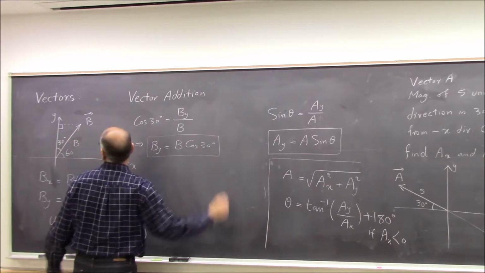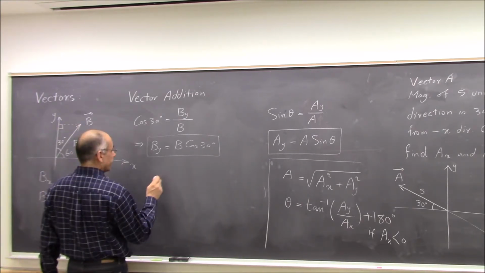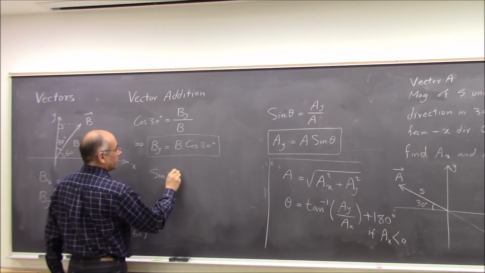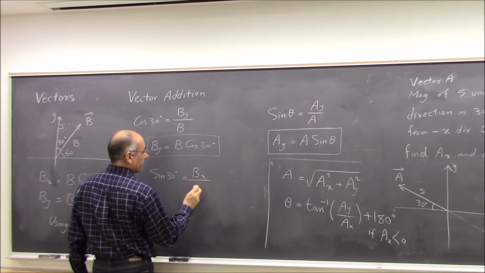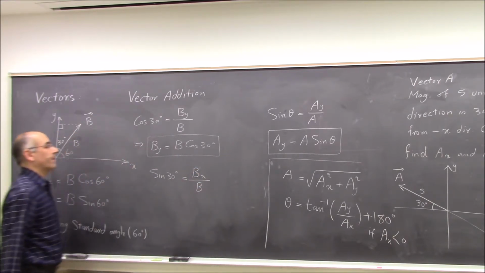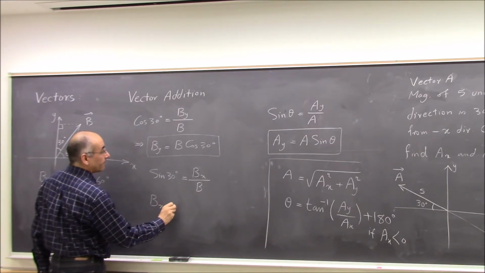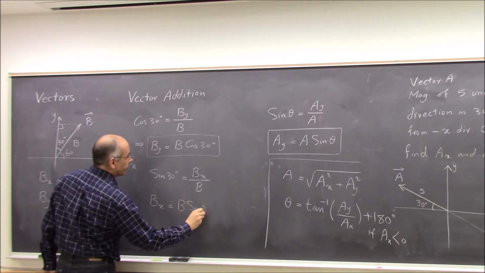And then, this is the x component, and that's opposite the 30-degree angle. So sine of 30 degrees is equal to bx over b, and bx becomes b sine 30 degrees.